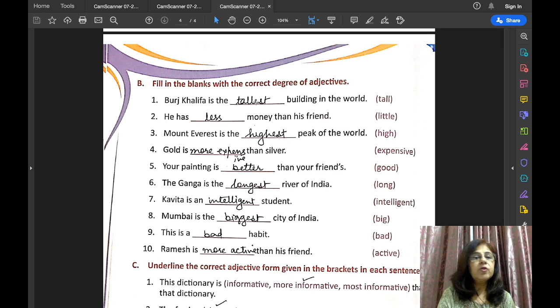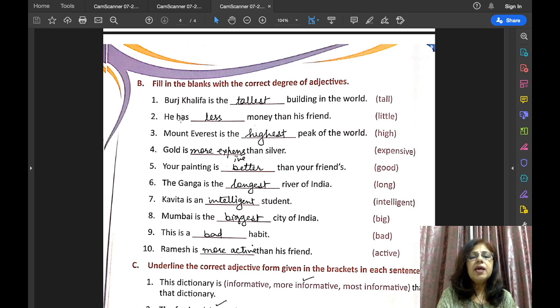So, here we will use the superlative degree and you can see that the article is written before the blank. So, we will use the superlative degree of tall, and the superlative degree of tall is tallest. Burj Khalifa is the tallest building in the world.